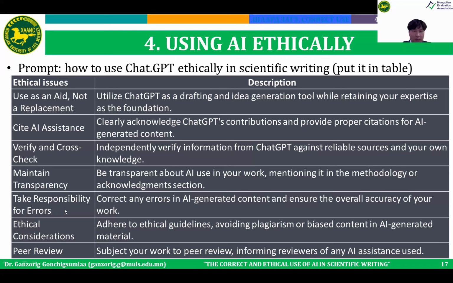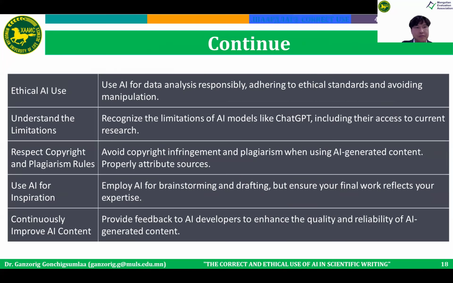So the advice is really to follow all the rules for AI. Peer review is also always important: anything generated by AI should be checked by you and possibly by other people.